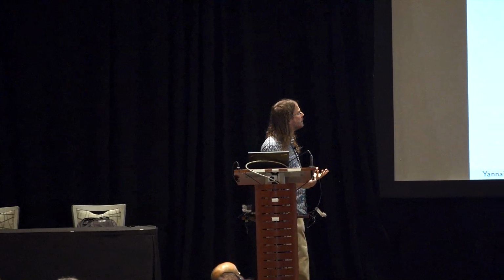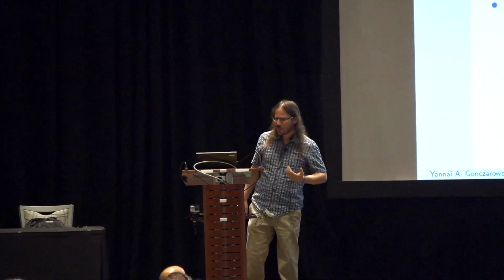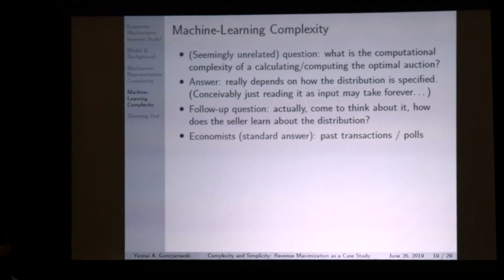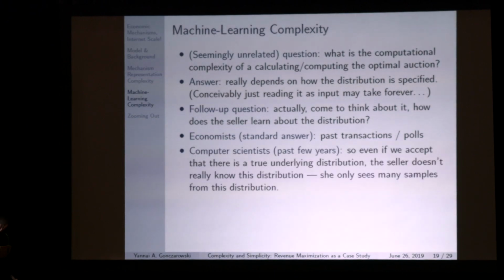Actually, come to think about it, to understand how the distribution is specified, how does the seller learn about the distribution? An economist would usually tell you, well, they've observed many past transactions, they conducted polls, they know the market very well. And computer scientists over the past few years have started to say, well, even if we accept the stylized assumption that there's a true underlying distribution that you want to maximize for, the seller doesn't really know this distribution.